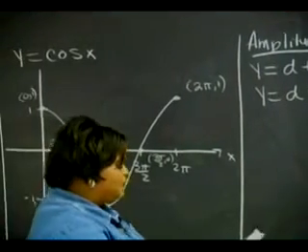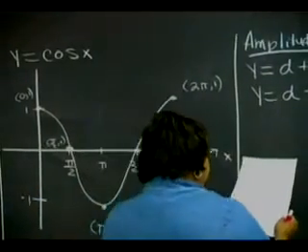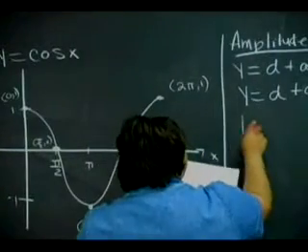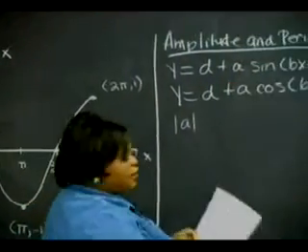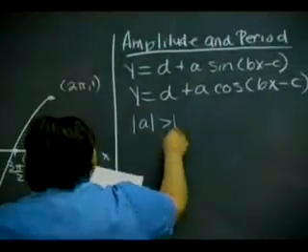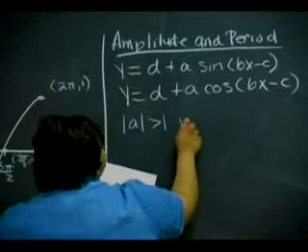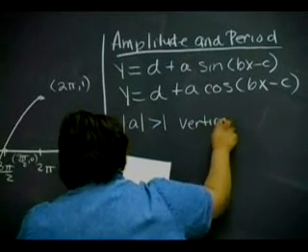What do they do to the basic graphs? Well, if the absolute value of A, which is the coefficient of that sine or cosine, is greater than 1, then what we have is a vertical stretch.